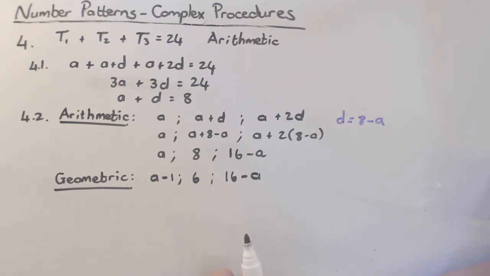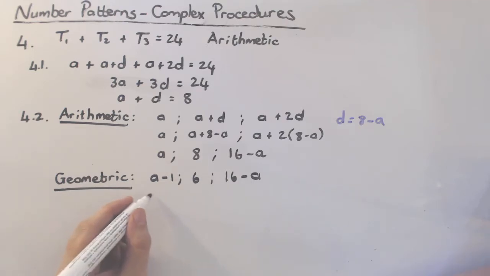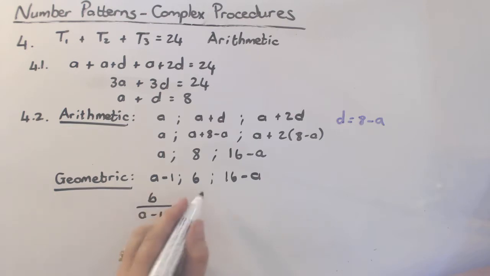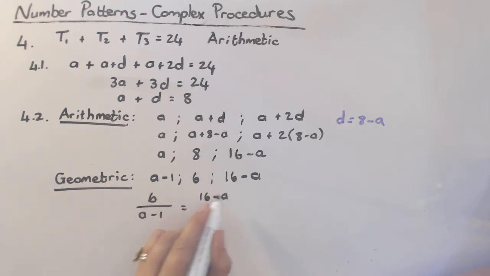Now, if it's geometric, then I know that my second term over my first term should be the same as my third term over my second term.